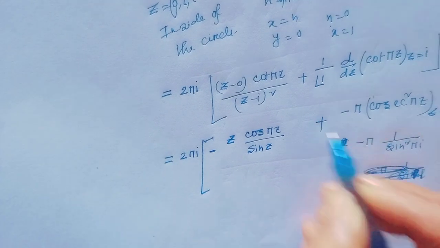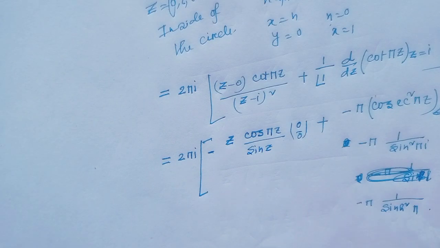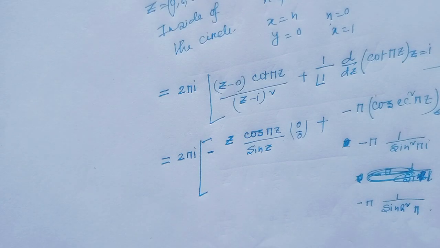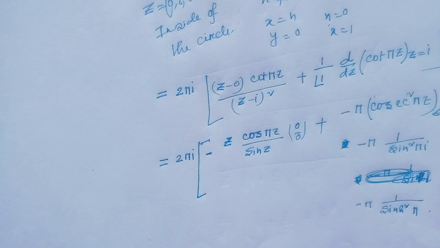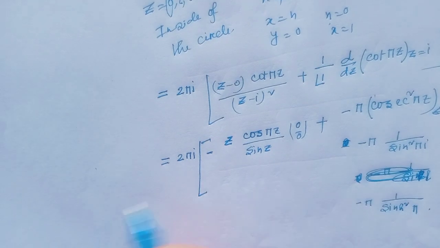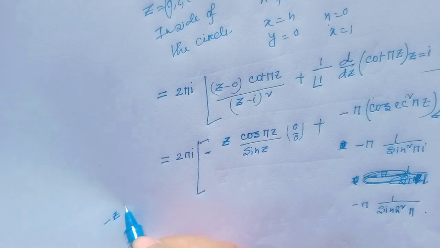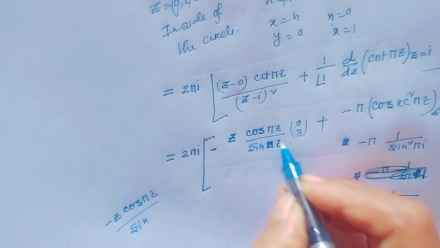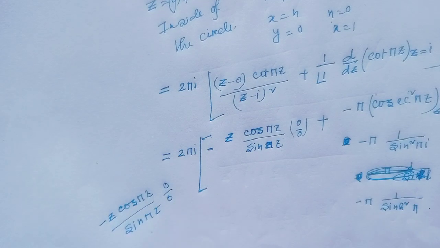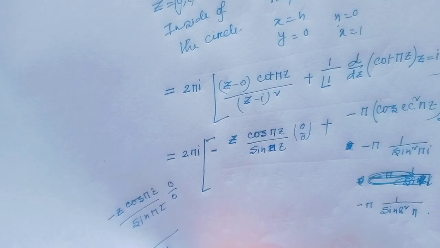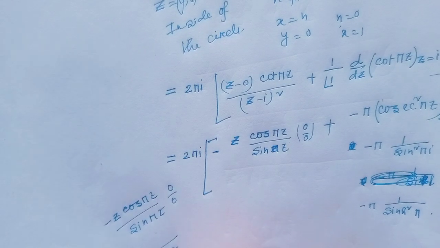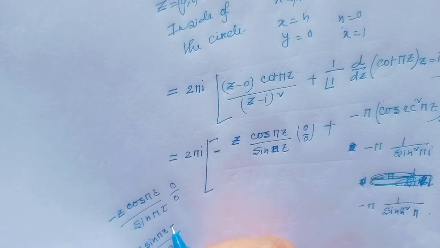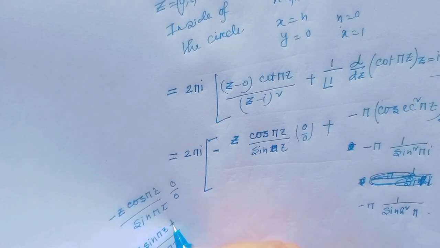This value is 0 over 0 form, so by differentiating, this is cos pi z minus z times sin pi z plus cos pi z.